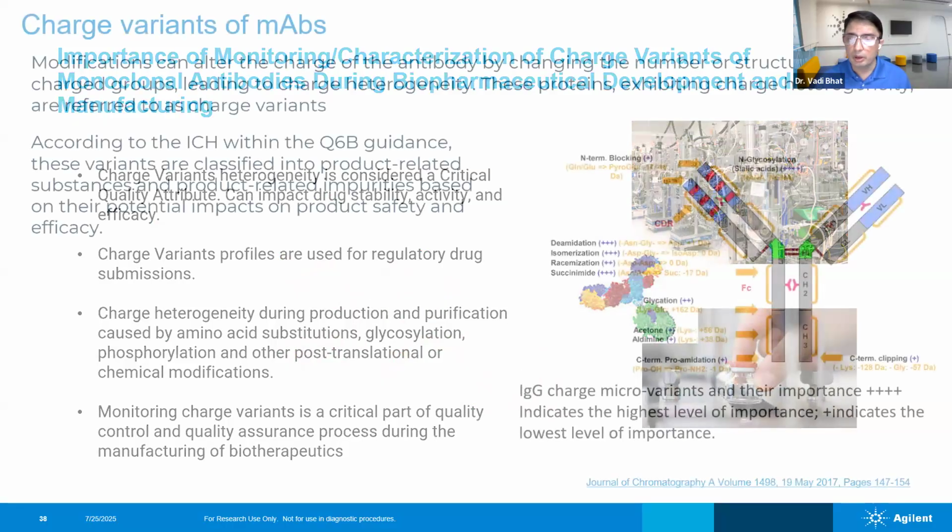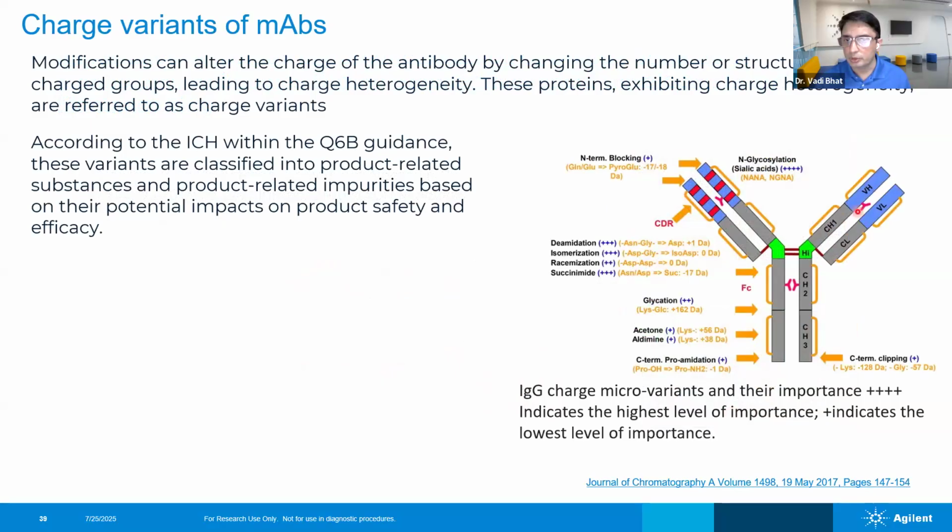So there are many things shown graphically in the picture that can contribute to the charge heterogeneity of the monoclonal antibody or any protein in general. Now, it is required according to the Q6B guidelines that one has to analyze and submit this information to the regulators in your dossier.